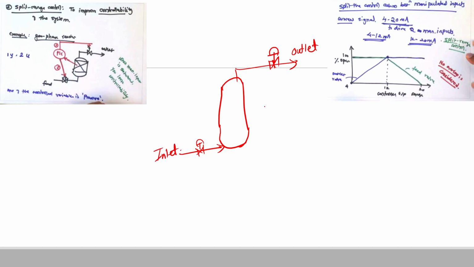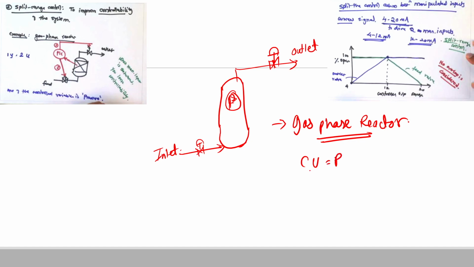And then we have this inlet valve over here, and we have to monitor the pressure of the given system. And the controlled variable is pressure.